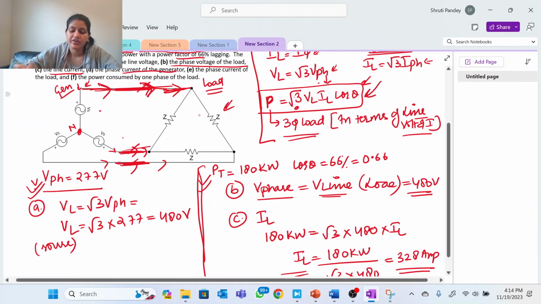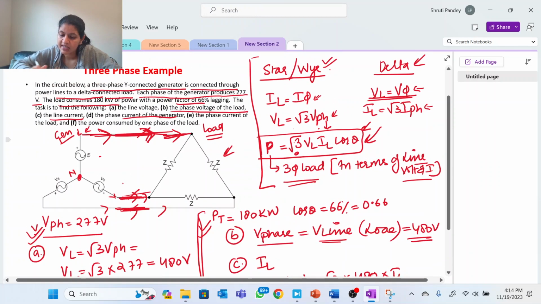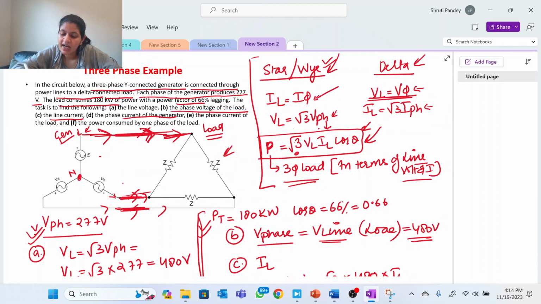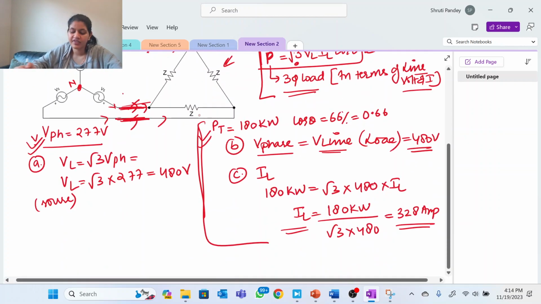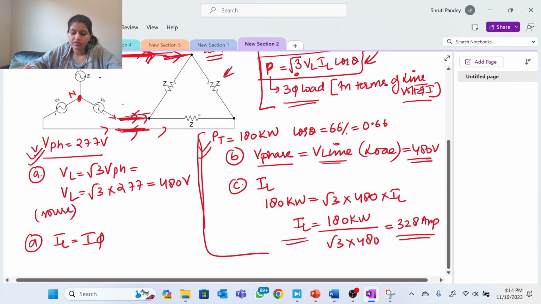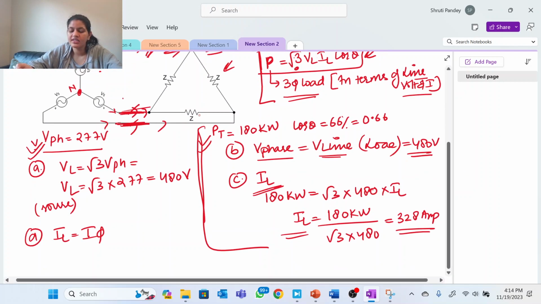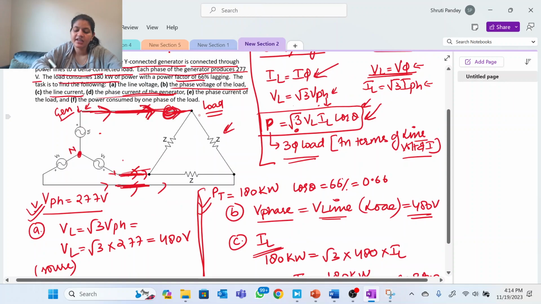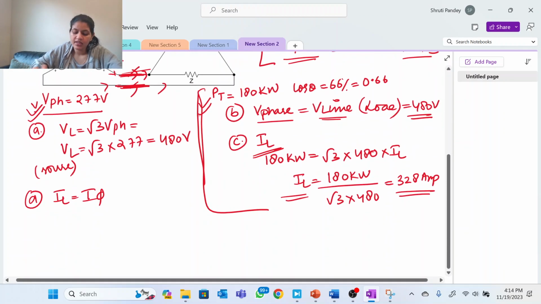Phase current of the generator. The generator is on the star side. So on the star side we will see I line is equal to I phase. So the D part is I line equal to I phase, and they are asking for phase current. So no worries, the line current of the load is there. That same line current will be at the source side also, and in star connected, line and phase are equal.